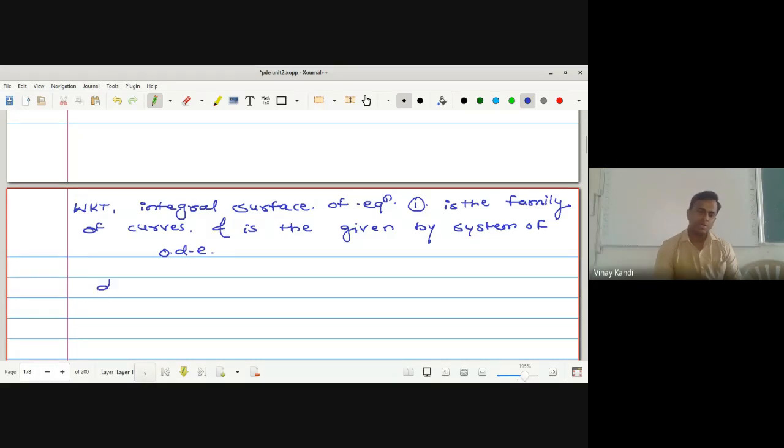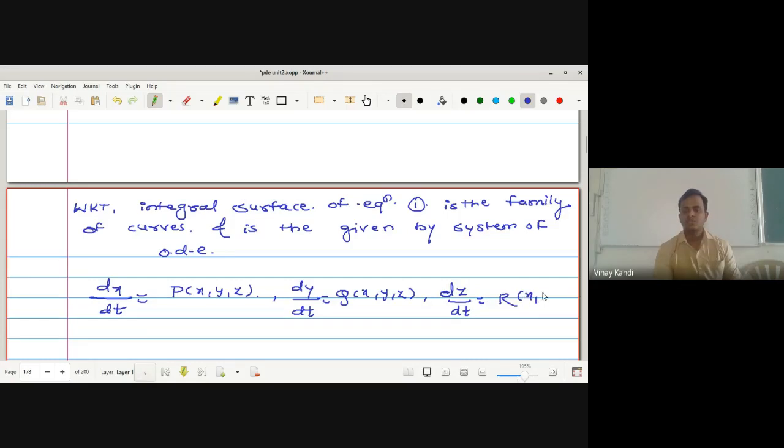Which one? dx by dt is equal to P of x, y, z, and dy by dt is equal to Q of x, y, z, and dz by dt is equal to R of x, y, z. Give it as equation number 3.